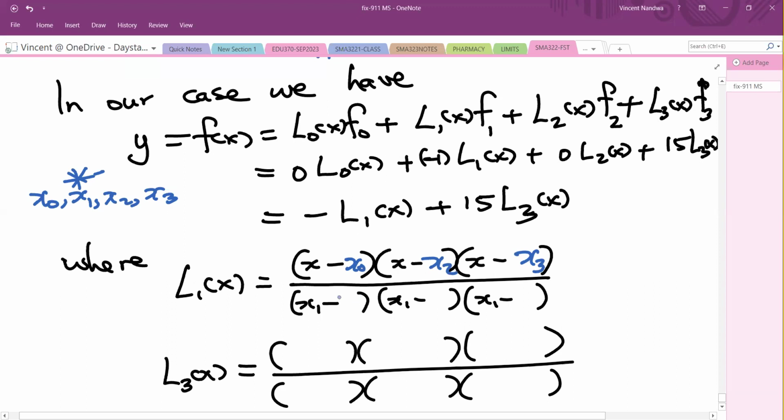When this is x0, the other must be x0; when this is x2, this must be x2; and when this is x3, this must be x3.